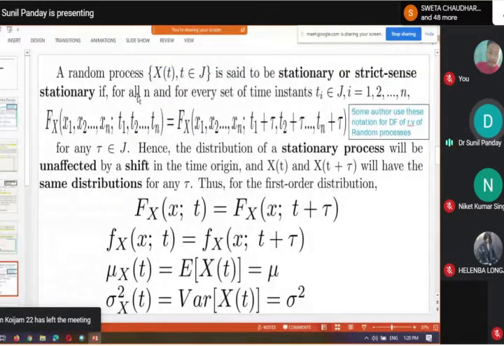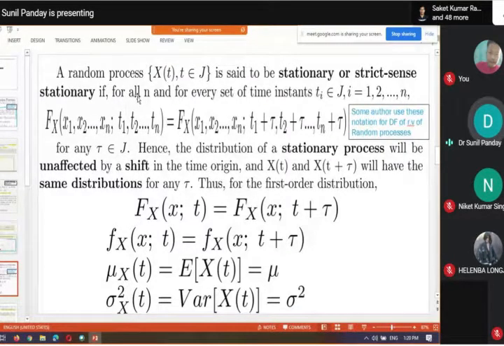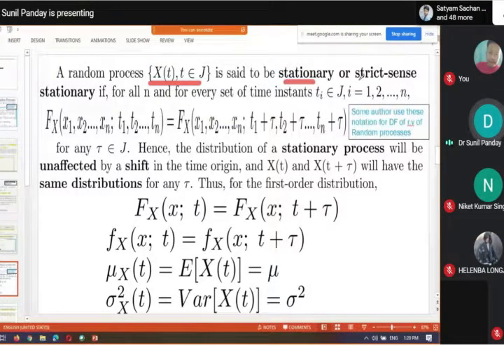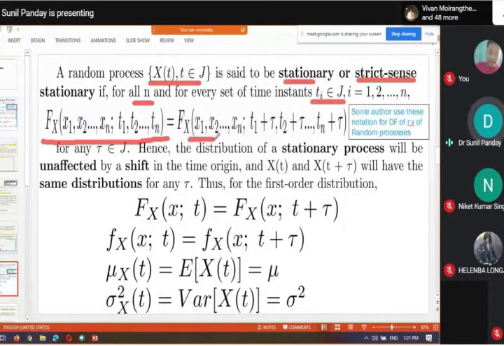So we talk about the same definition in terms of a different notation. A random process X(t) is said to be stationary or strict sense stationary if for all n and for every set of time instances t1, t2, ..., tn, which can be anything from the time index set T, the joint distribution of this is equal to the joint distribution of this.